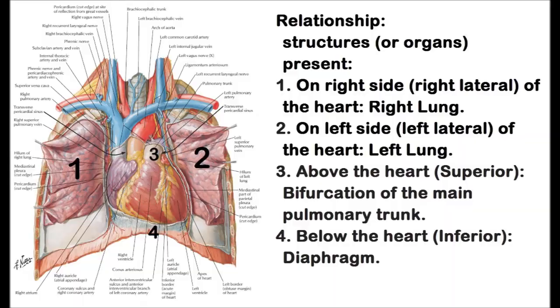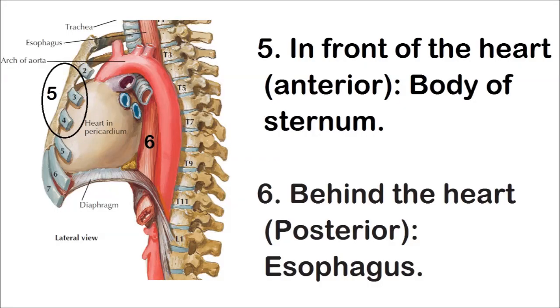In front of the heart or anterior to the heart is the body of the sternum. Behind the heart or posterior to the heart is the esophagus. And we can easily identify it on the diagram with the help of digit 5 and digit 6.